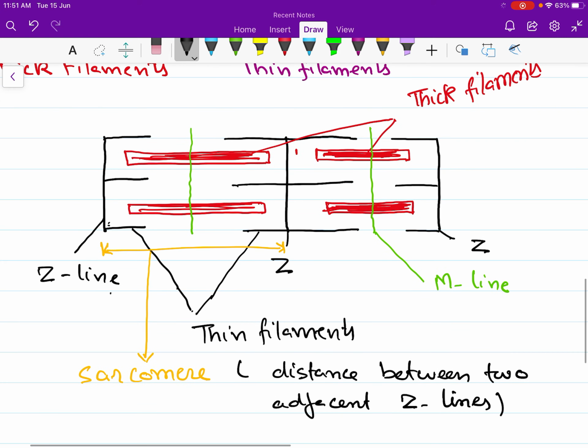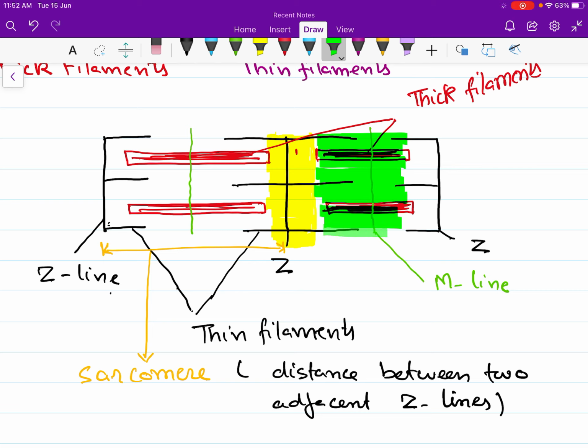If I shade this portion, which is formed of only the thin filaments, it will be called the I band. The region that is formed of both thin and thick filaments will be called the A band or the dark band.